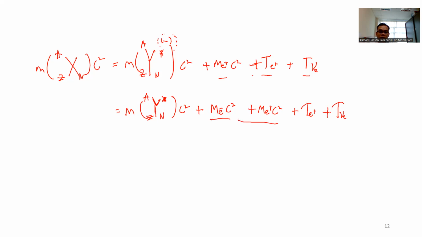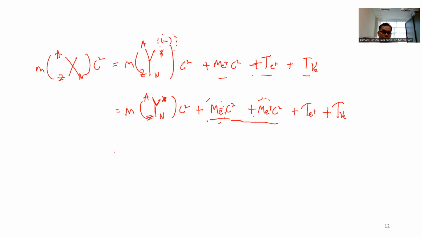Quantitatively, the amount of mass of an electron is exactly the same as the mass of a positron. The difference is only the charges.